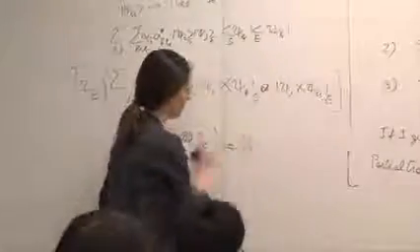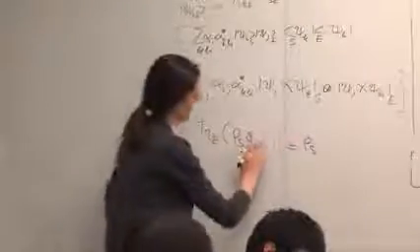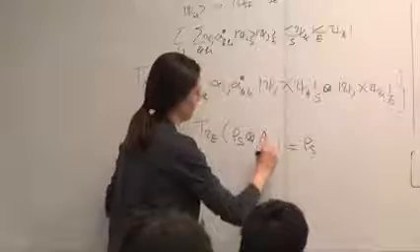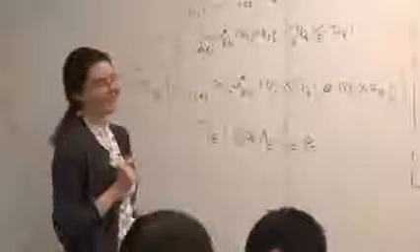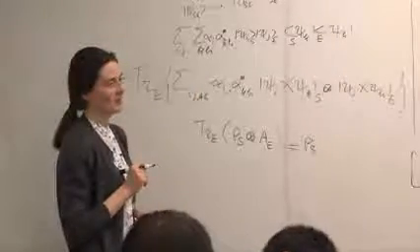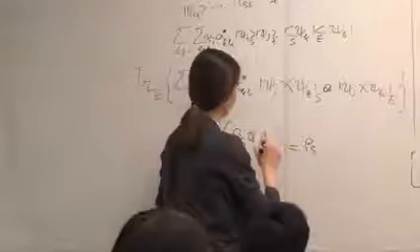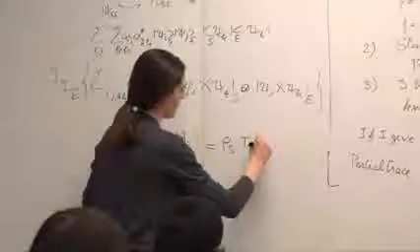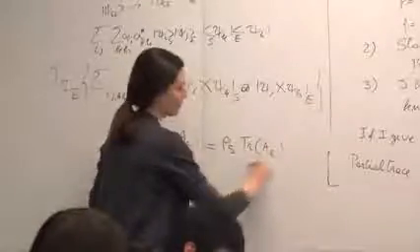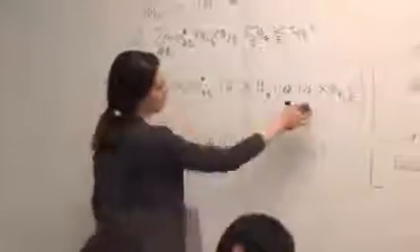Rho s. Perfect. What if A is not a density operator? Then it will be the trace of AE. Okay, perfect, just because here we might not have a density operator per se.